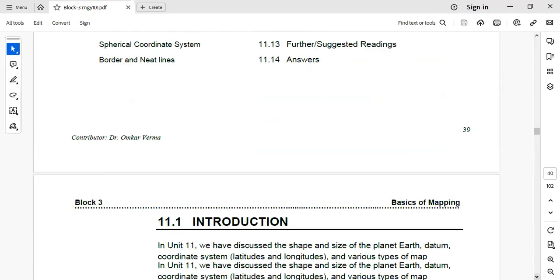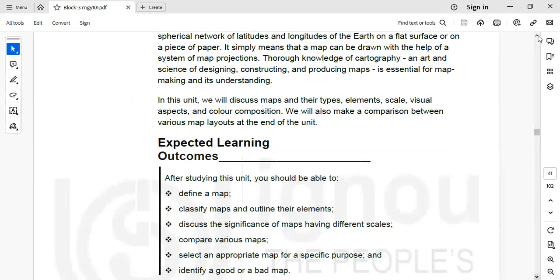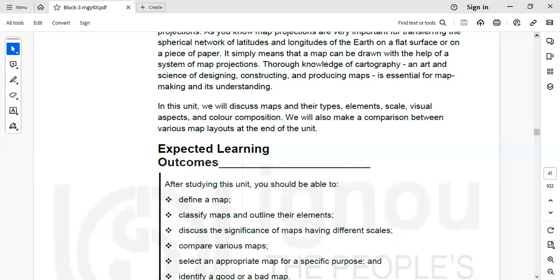So first, how we can define a map. So map, basically we study the maps under a branch of science which is known as cartography.